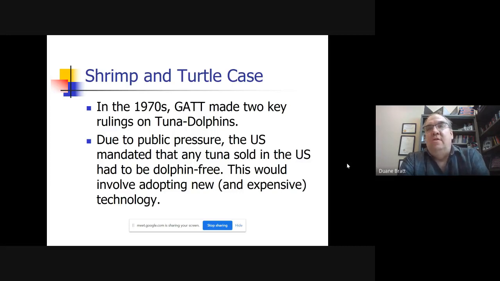And so to sell tuna in the US, they had to use special netting. These nets were new technology, but they were also expensive technology. And so there were critics who said that this really wasn't about protecting the dolphins. This was about protecting American fishermen's jobs from, let's say, Mexican fishermen.